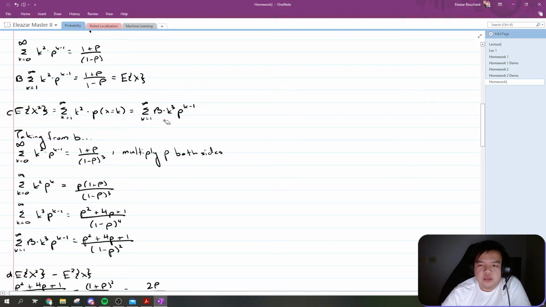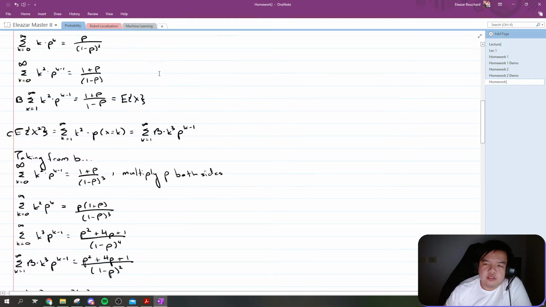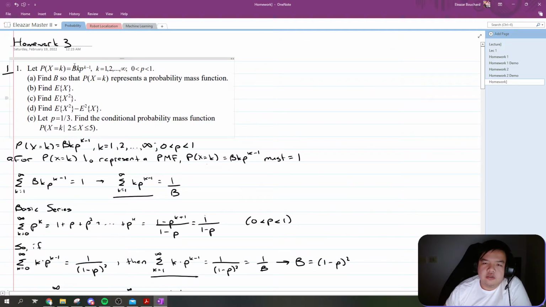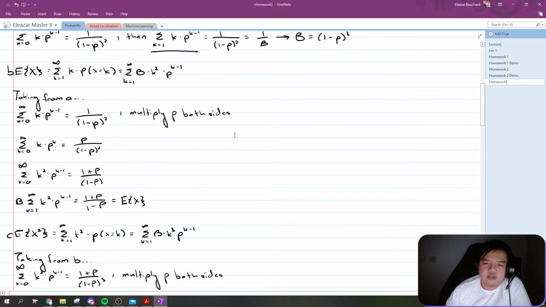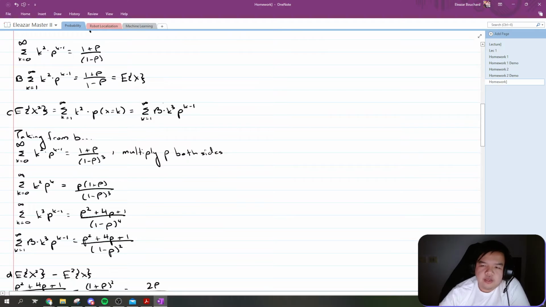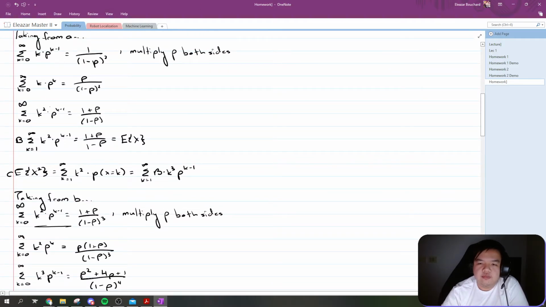Multiplying this all out, remember it also says b times k times p to the k minus 1, so we're just doing a little substitution. We get b times k cubed times p to the k minus 1, and we're again taking from the earlier result.